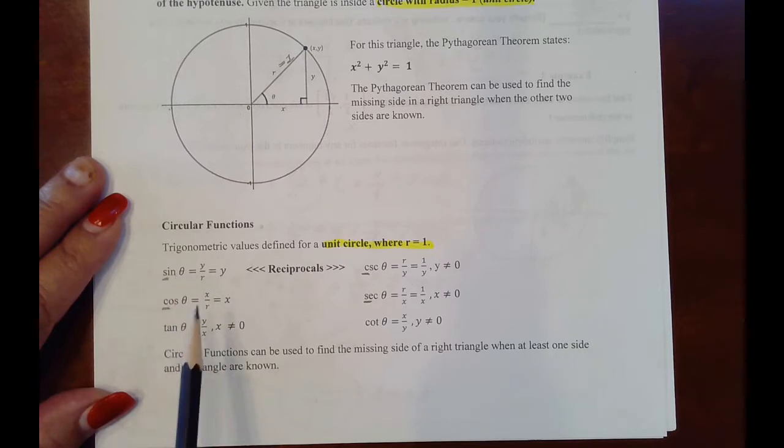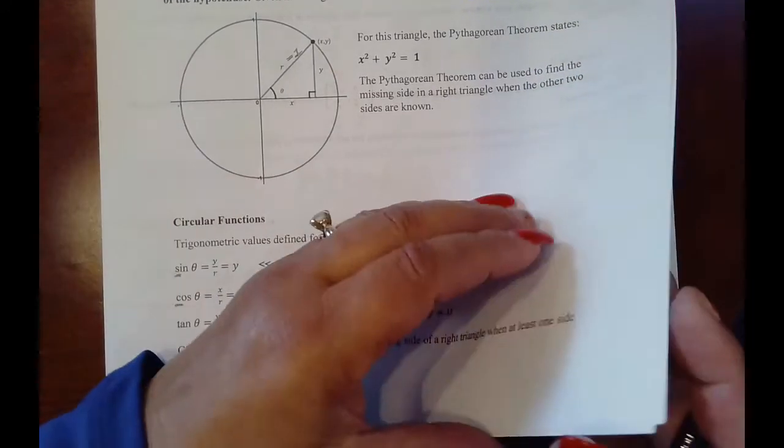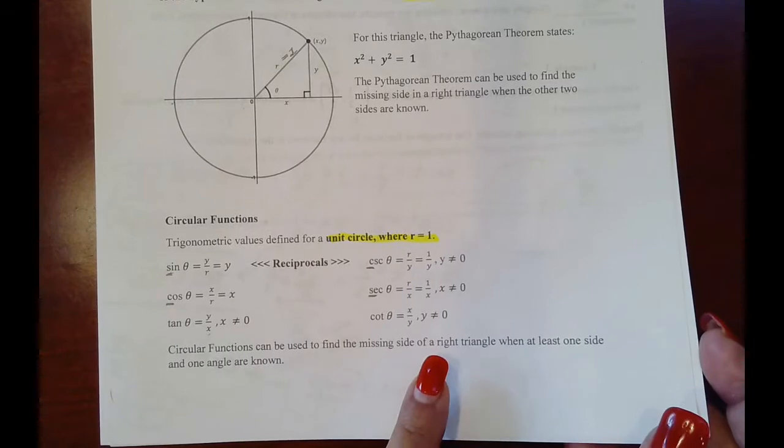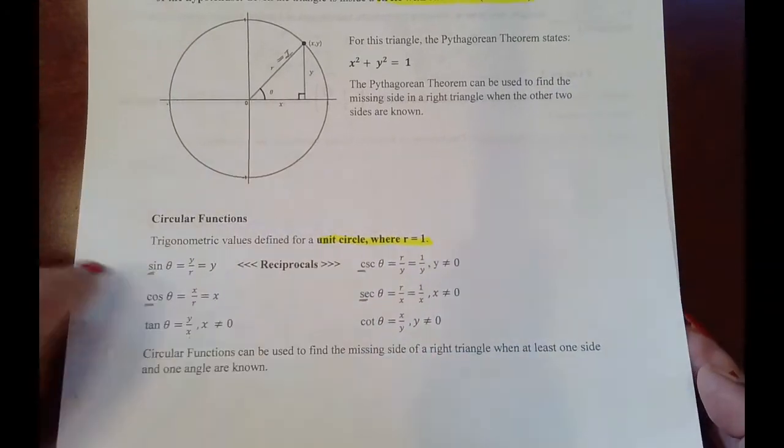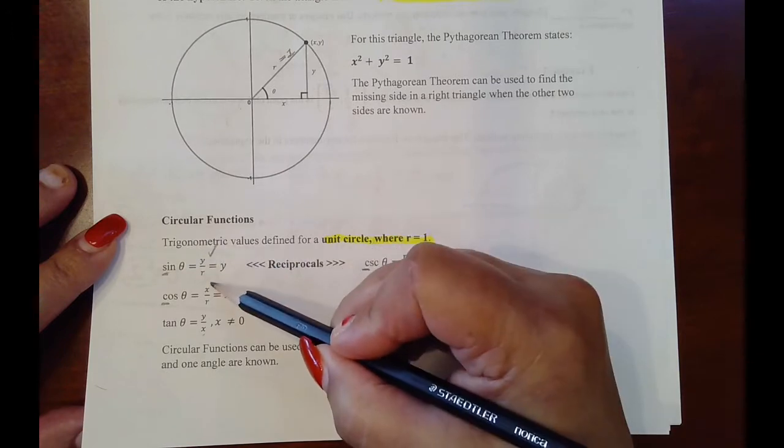Y over r, x over r, y over x. And then each of these definitions would just be the reciprocal of these. That's why I introduced these. Sure, if you're in this situation, you can replace the r's anytime you have an r by a 1. But now we are looking at these definitions where r is not equal to 1. So we're going to be using this, this, and this.